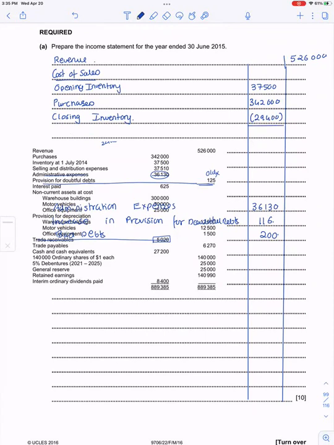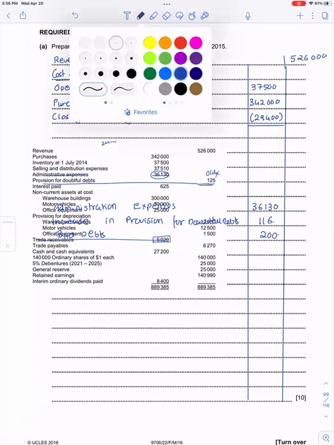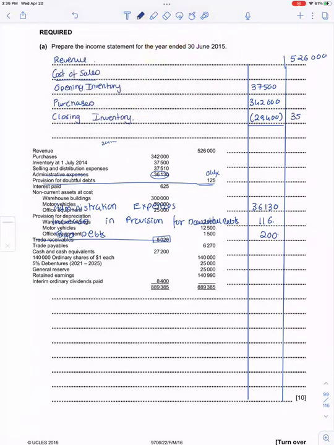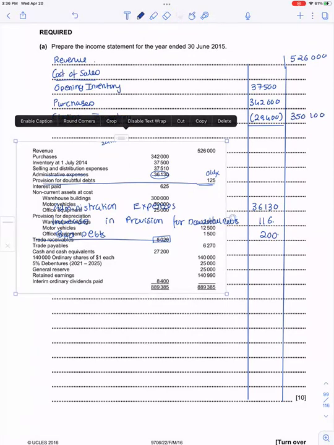I hope you all are with me. What is the cost of sales? 350,100.